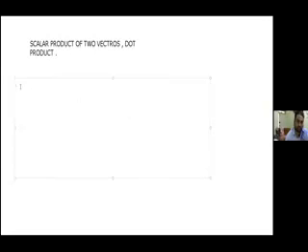There is the vector I and the vector 2i. Both are in the same direction. What is the angle between the two? 0. Is that clear to everyone?